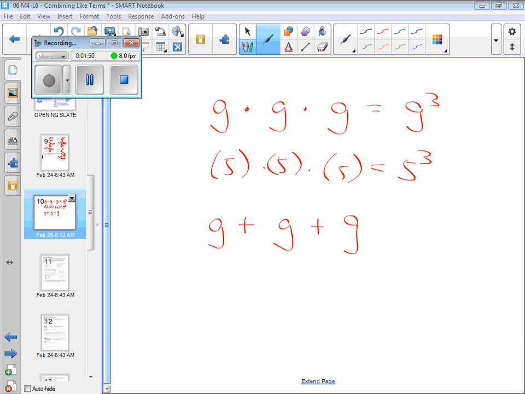Is g plus g plus g the same as g to the 3rd power? So why don't we do this? Before you raise your hand, mentally substitute a letter or a number for g. Add it, and see if then you can create what you think the combined like terms would be. Go ahead, Nick.